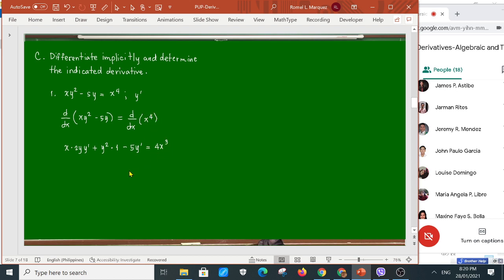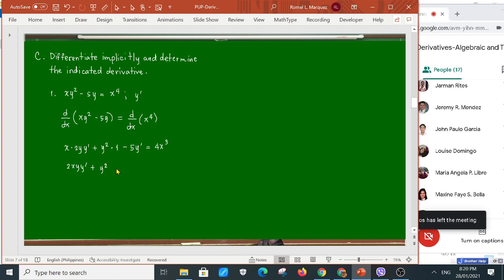4x cubed. So, let's simplify: 2xy y prime plus y squared minus 5 y prime is equal to 4x cubed. Factoring out y prime, since that is what we are solving for, we have y prime times 2xy minus 5.